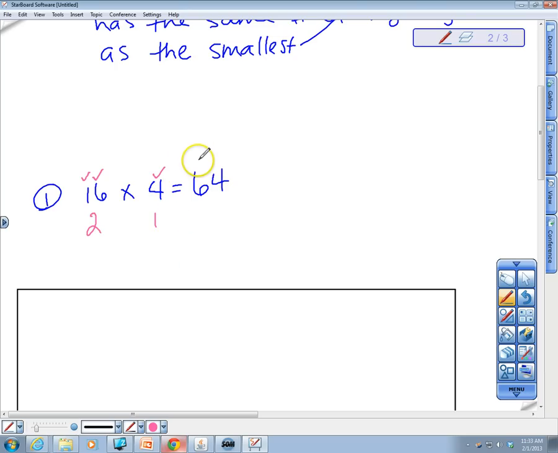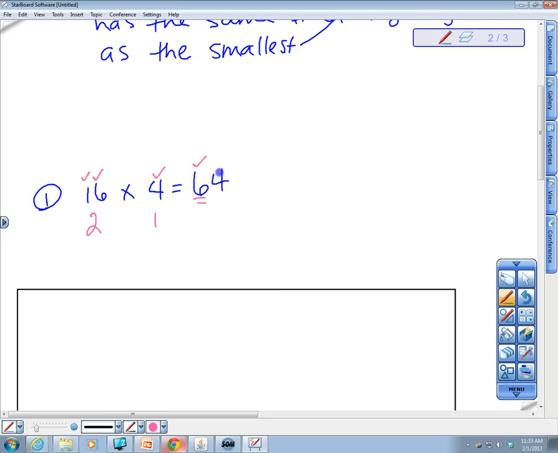I'm going to start counting from the left. 1. So this is the place value to which I will round. I'm not going to drop the 4 off, because that would change 64 into 6, and that's not rounding. 6 is nowhere close to 64. I've got to leave that 6 in the tens place.